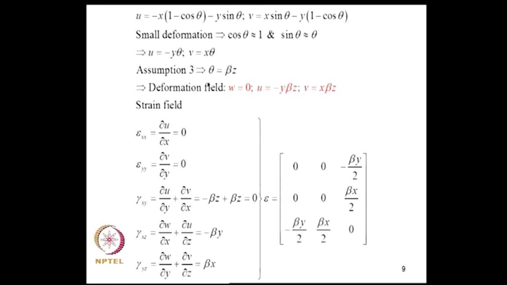That means the rotation at any section at a distance z from the origin is proportional to the distance, that is beta into z, where beta is the twist per unit length. So, under these assumptions, the postulated displacement field is w equal to 0, u equal to minus y beta z, v is x beta z. Now, beta is an unknown which still has to be determined.